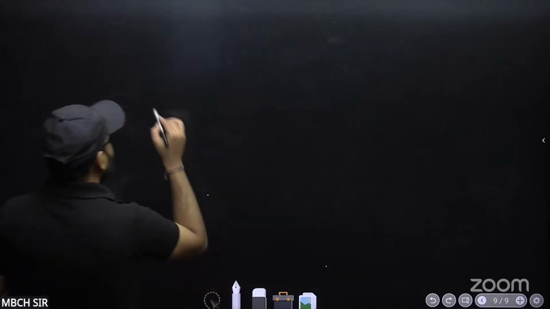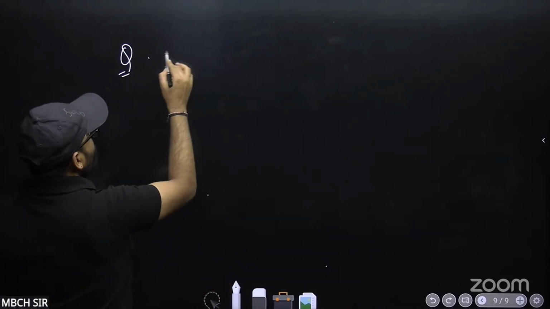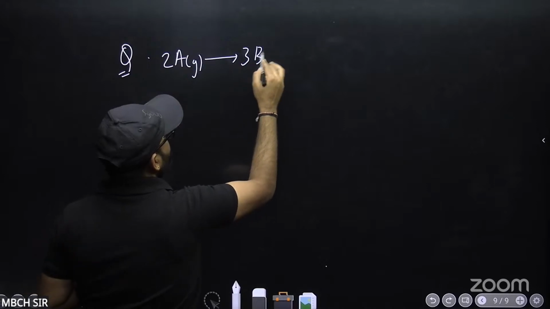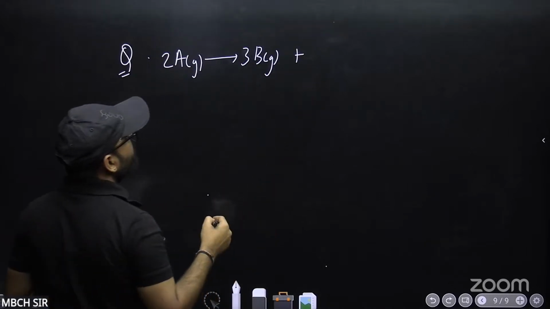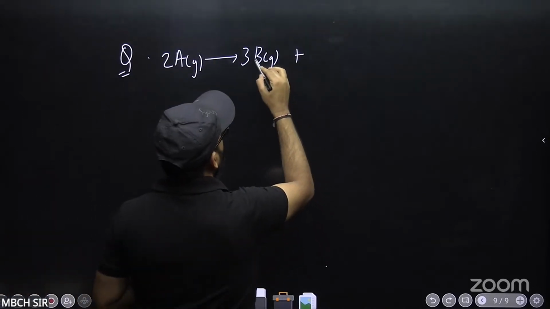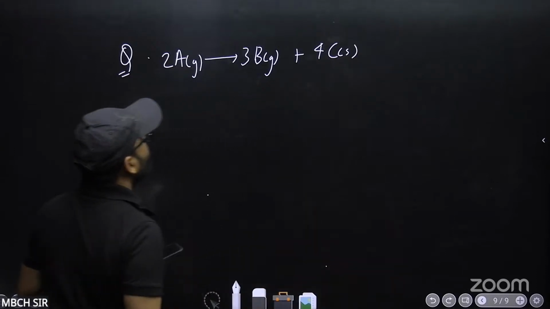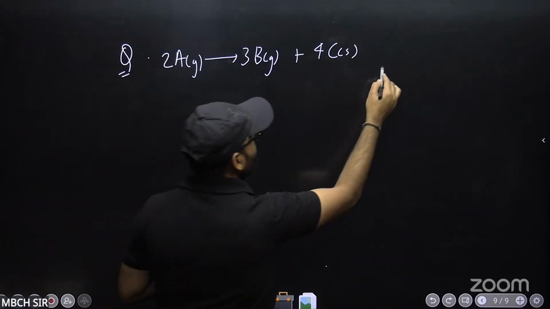One more question for you. 2A gaseous converting into 3B gaseous plus 4C solid. What is given here?